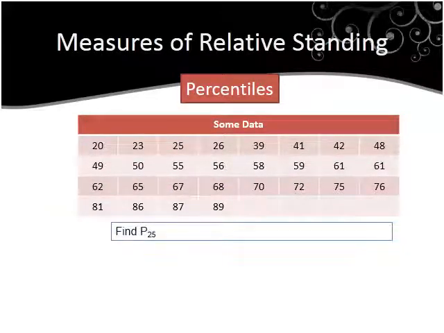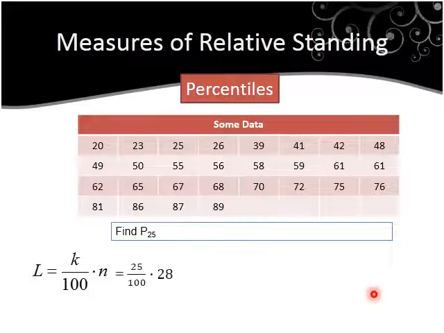So here's some data. We're going to find p sub 25, or the 25th percentile. So first of all, let's find the location of the 25th percentile. K, of course, is 25 divided by 100 times the number of data points I have, 28, gives me 7.